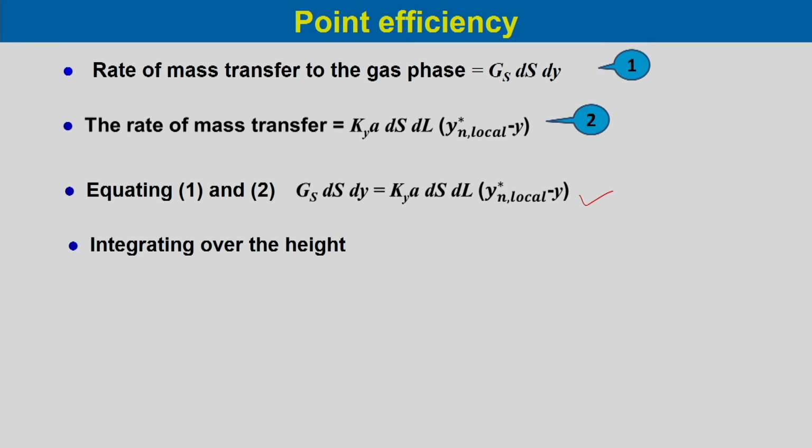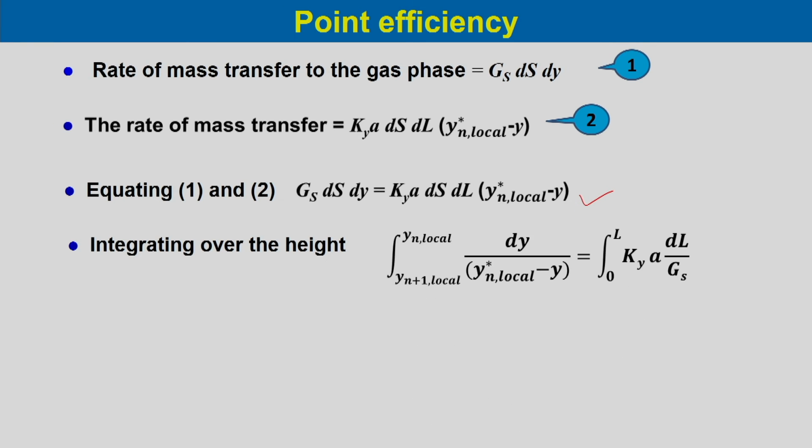If we integrate over the height, we get the integral from yn plus 1 local to yn local of dy by yn star local minus y, equal to the integral from 0 to L of Ky a dl by Gs.